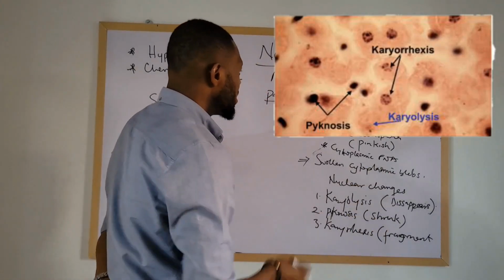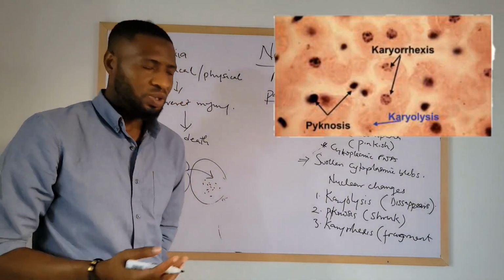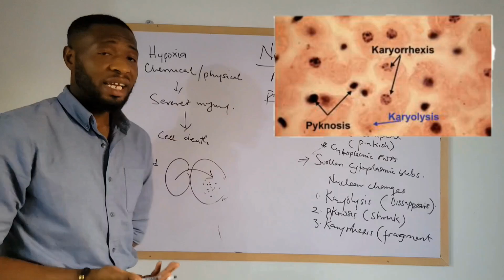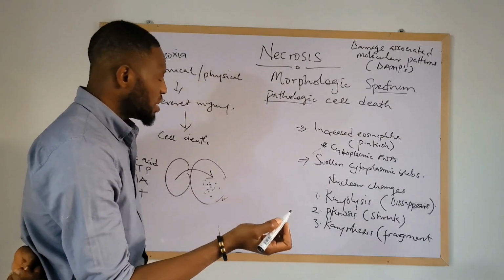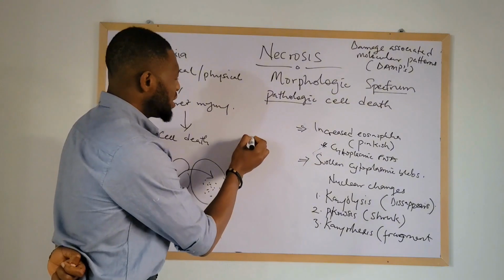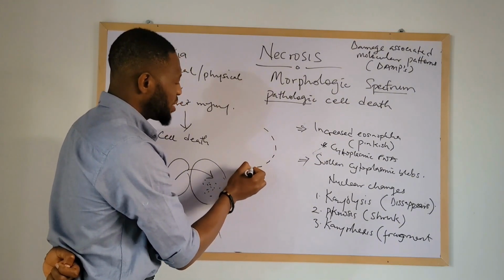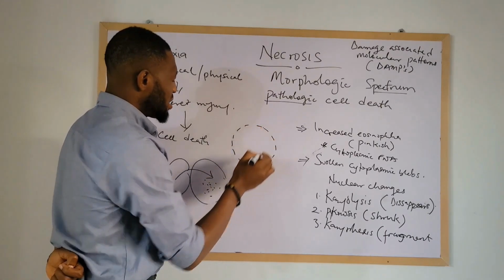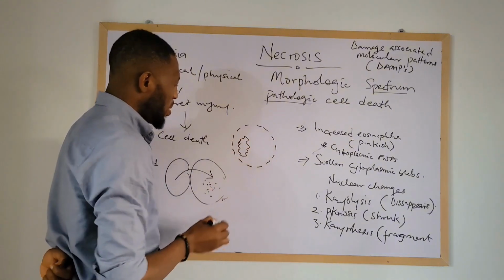There are certain ultrastructural changes also that may not be seen under the light microscope but can be seen under electron microscope. We see cell membrane fragmentation. The cell membrane will have spaces in between it. We will see organelle edema, particularly of the mitochondria.